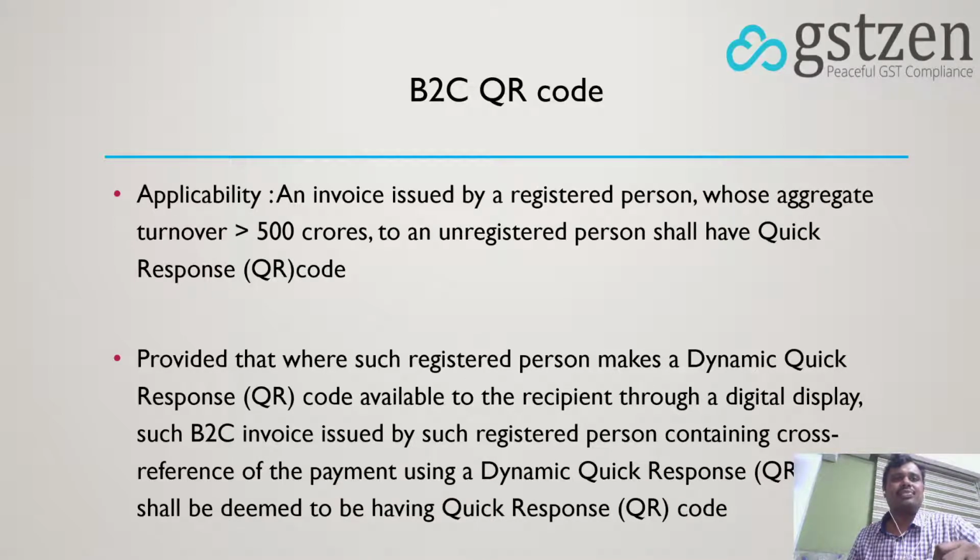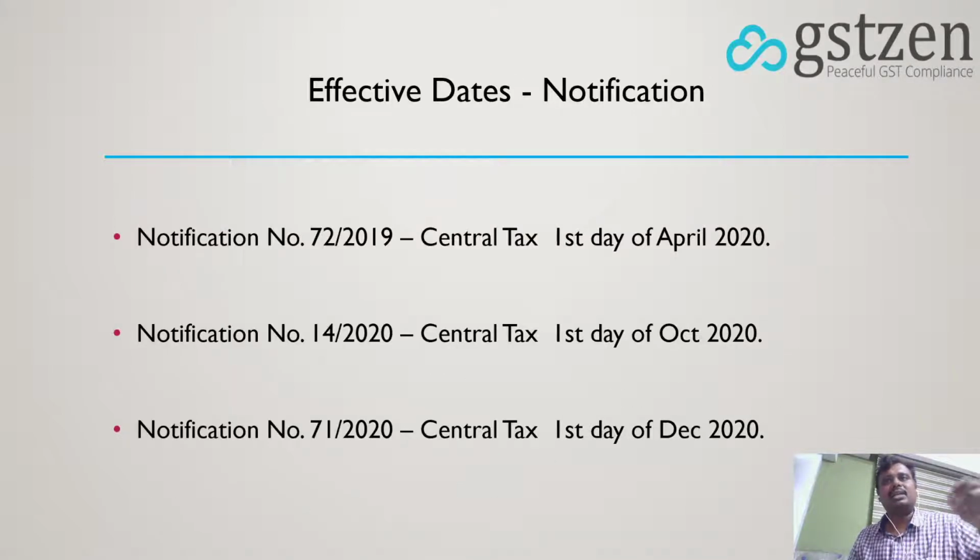In fact, this notification first came in 72 central tax notification, which said that this is applicable from 1st April 2020. However, owing to the COVID pandemic, a relaxation came and the effective date was moved to 1st October. Both B2B e-invoice and B2C QR code were coming at the same deadline.